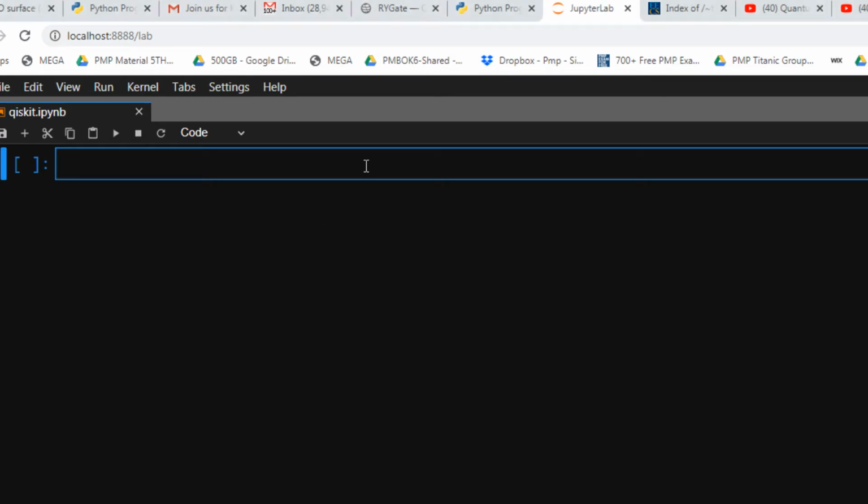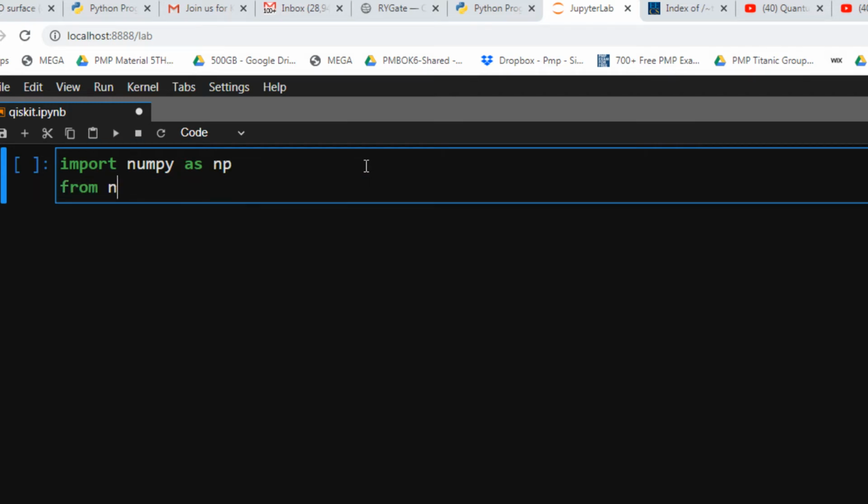So the library which is used for calculating trigonometric values is NumPy. So import numpy as np. From numpy import trigonometric values. See if I can get that.